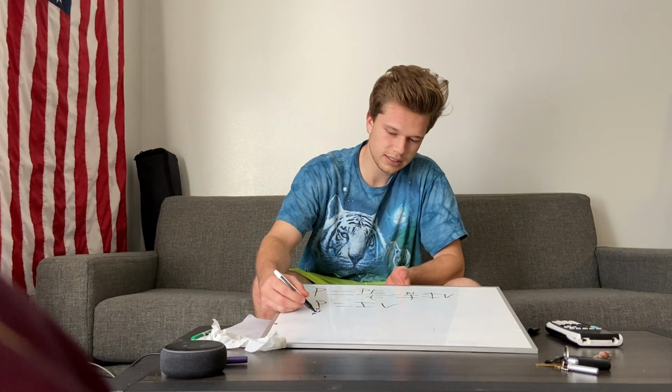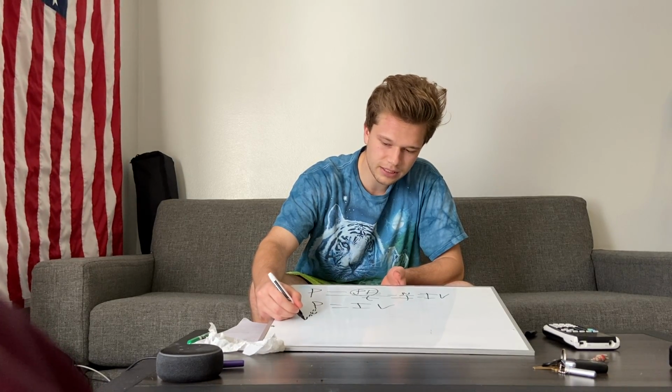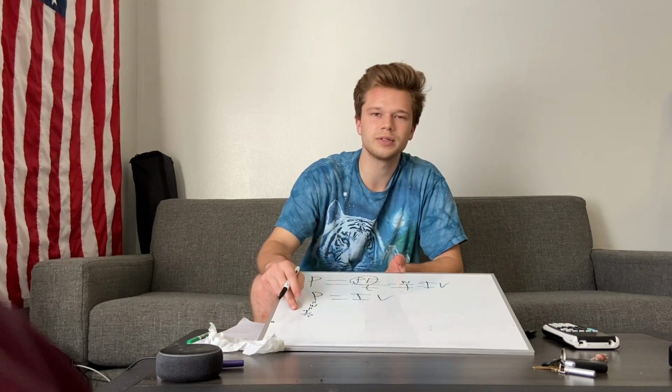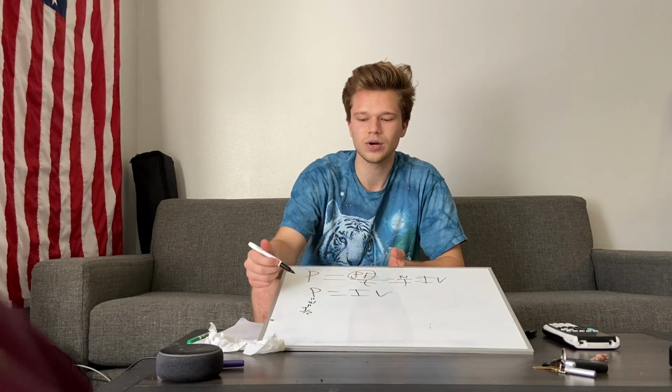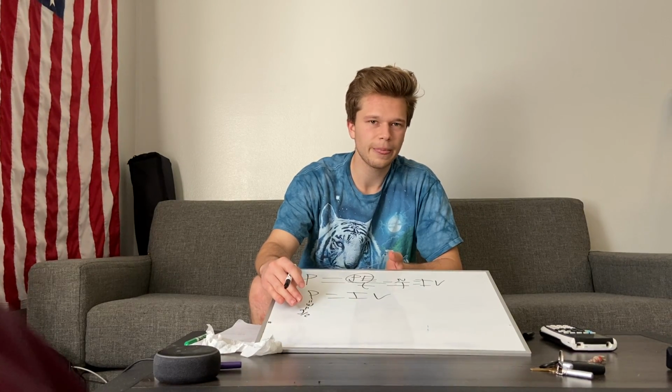And power, like we said before, is measured in watts. And potential energy is measured in joules. So watts is basically the measurement of joules per second, or energy per second, or energy over time.